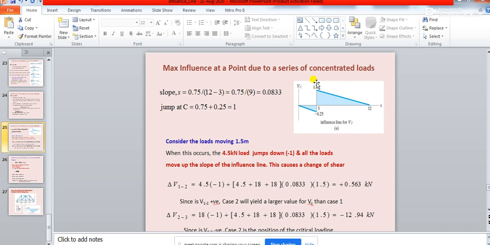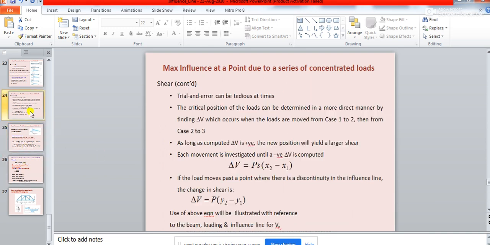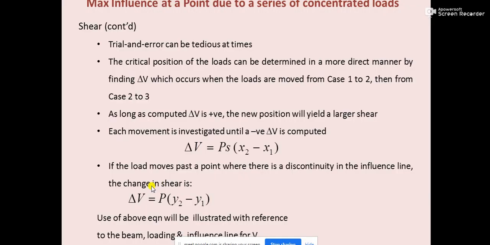So whenever there is a discontinuity, at that discontinuity, what you will have to do to find out the value of change in shear? You cannot multiply it by slope; rather you will have to calculate this change in shear by just multiplying the load with the change in ordinate values of that load.